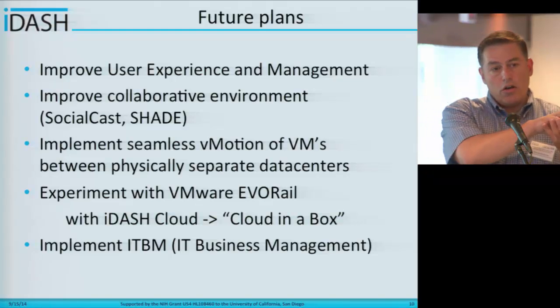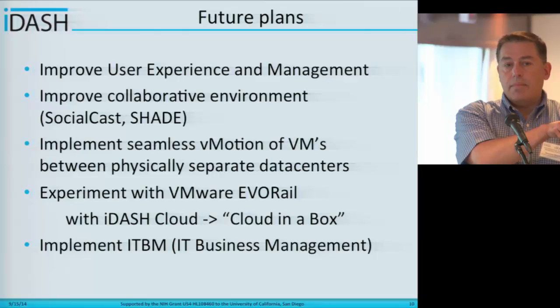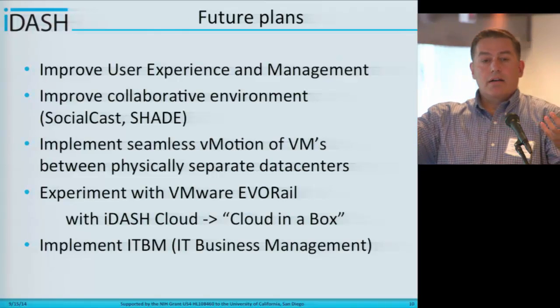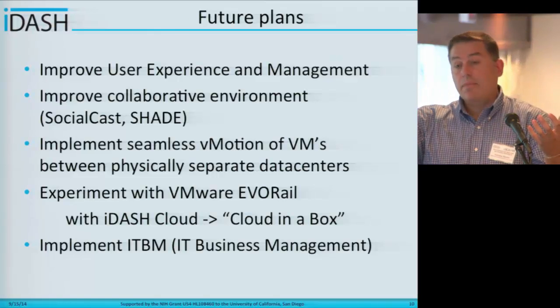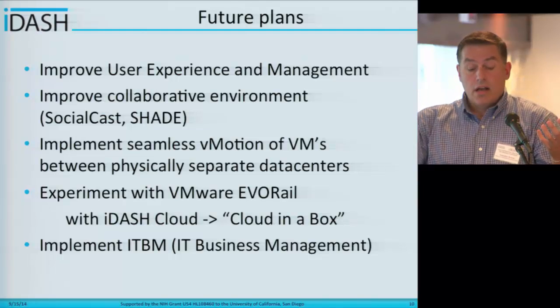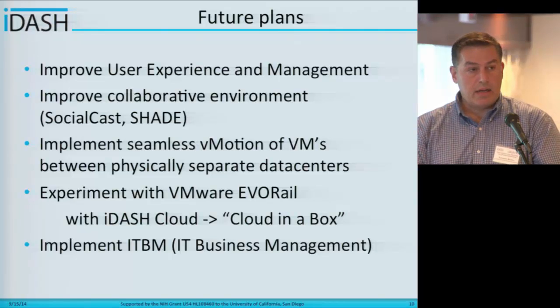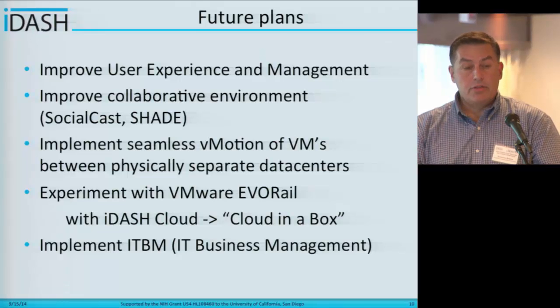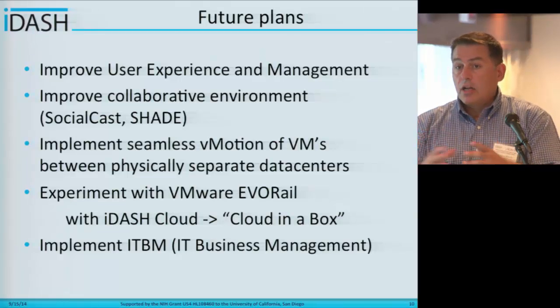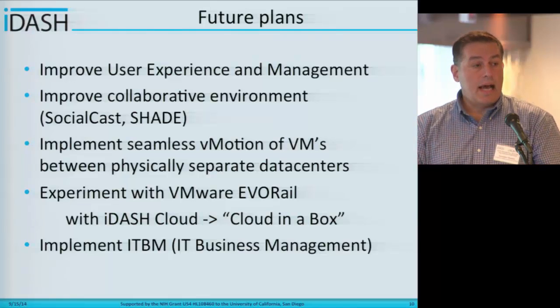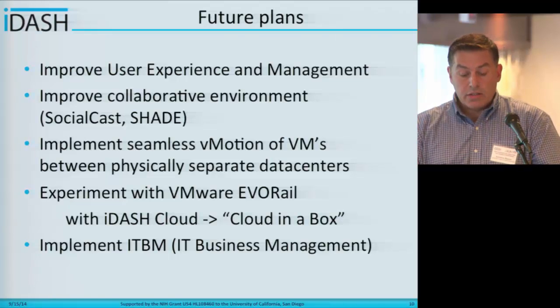Basically, it's the motion of a virtual machine to another center, vCenter, in a completely different location. We intend to implement this within our environment between the two data centers that we currently have data sitting in, and to experiment with how this all functions and how we can provide that as a tool to the community.